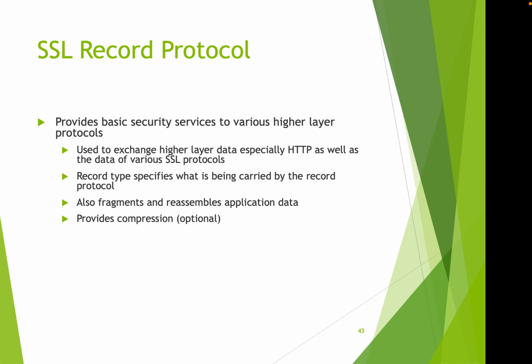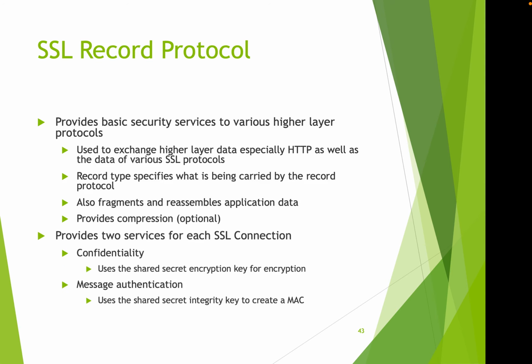SSL record protocol. SSL provides basic security services to various higher layer protocols, so you can build HTTP on top of that, which is HTTPS. The record type specifies what is being carried by the record protocol, and it also fragments and reassembles application data.